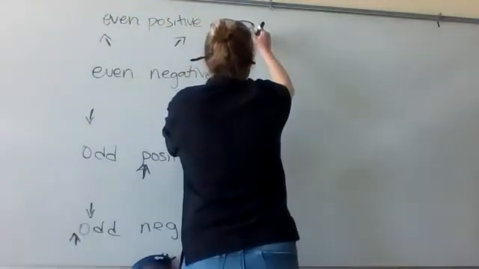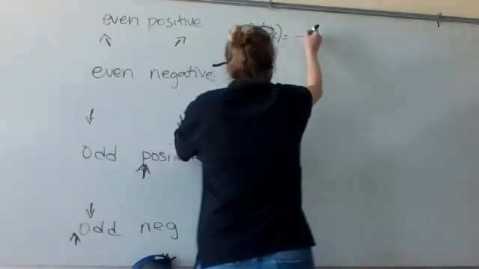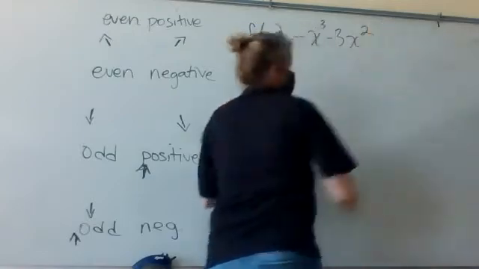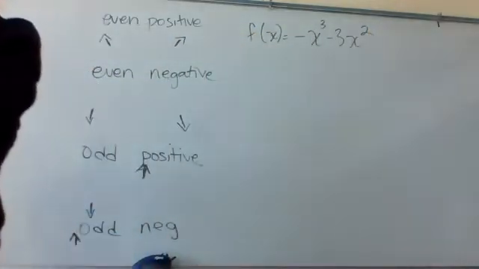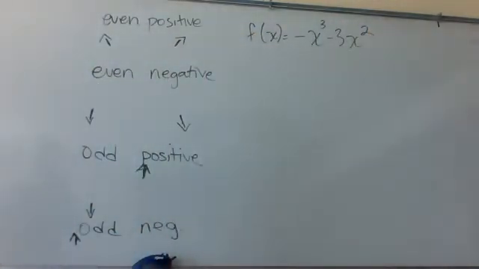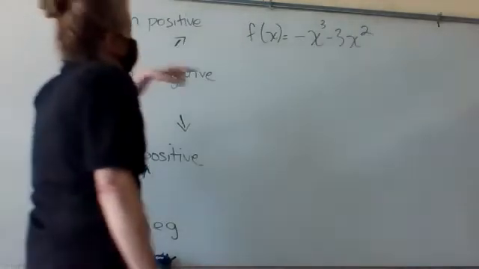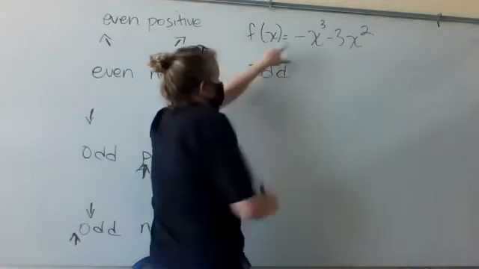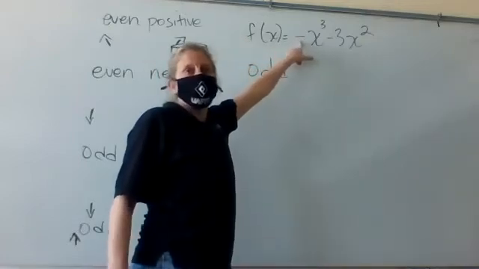Okay. -x to the third minus 3x squared. All right, let's go end behavior. Here's my leading term. Its exponent is odd, but this time the term is negative.